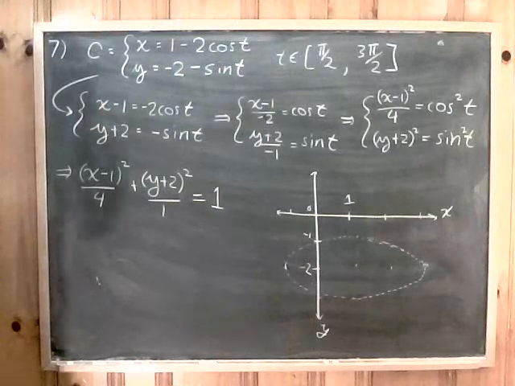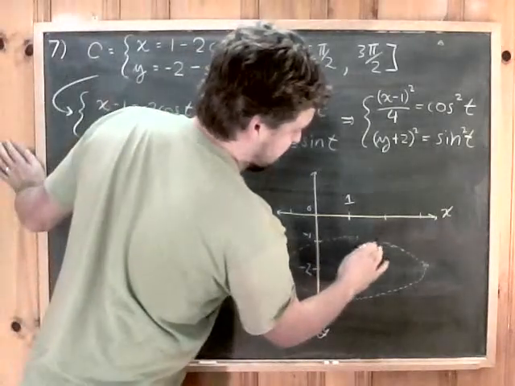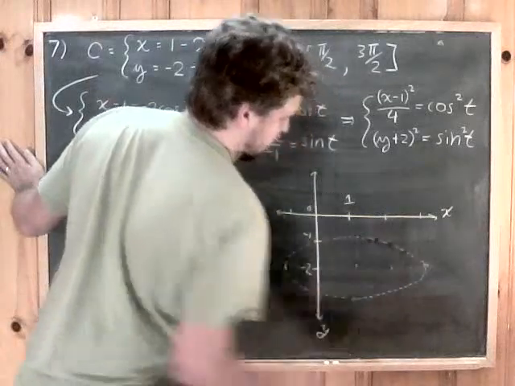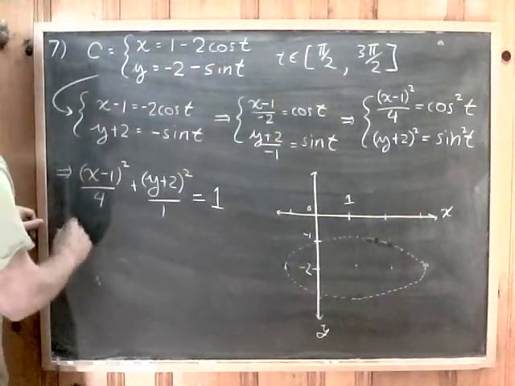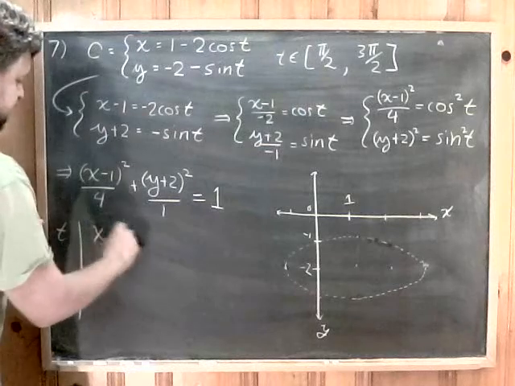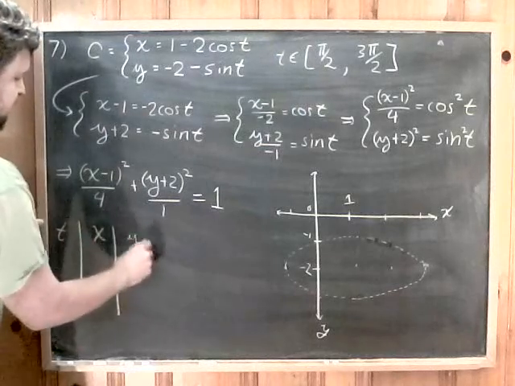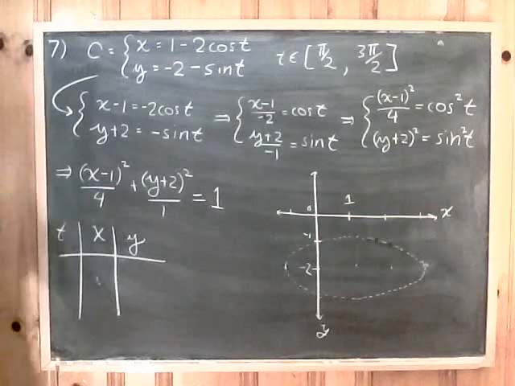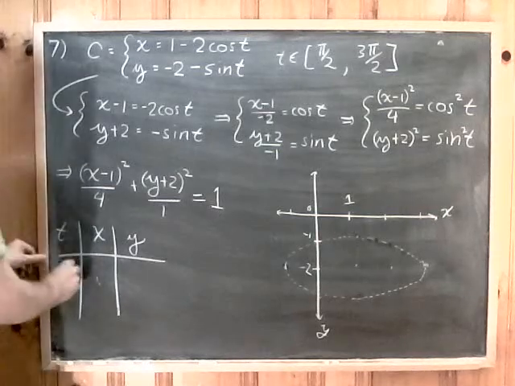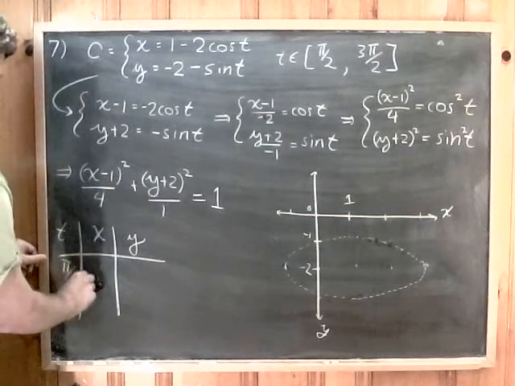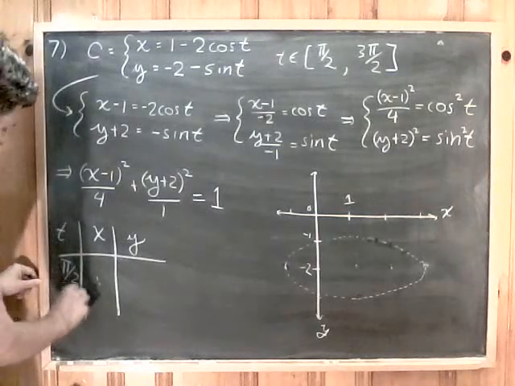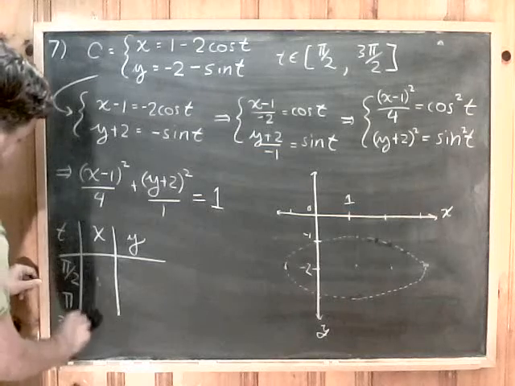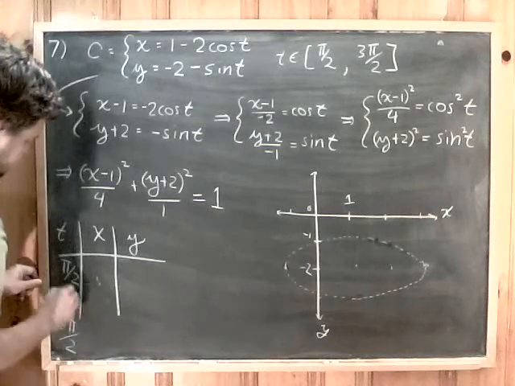Now I need to figure out which parts of it get filled in. Make it prettier. So I'll plot some points, t, x, and y. I definitely want to plot the pi over 2, and then I have 3 pi over 2. So I'll definitely plot pi over 2 and 3 pi over 2.